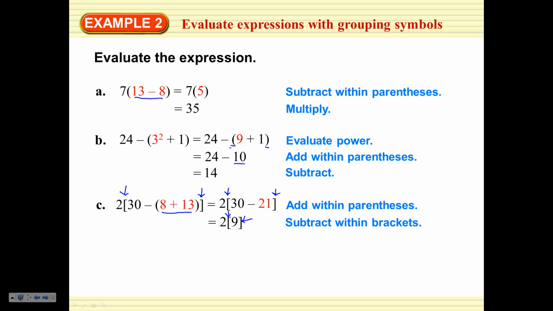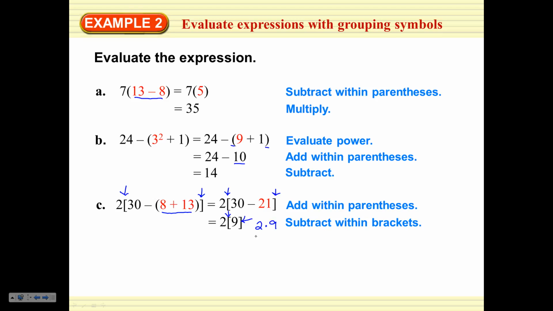Why is that? What is the difference between this problem and this problem? Hopefully you understand that this problem has a subtraction between the two terms, and this problem is multiplication. So you could also write this as 2 with the multiplication dot 9, 2 times 9.